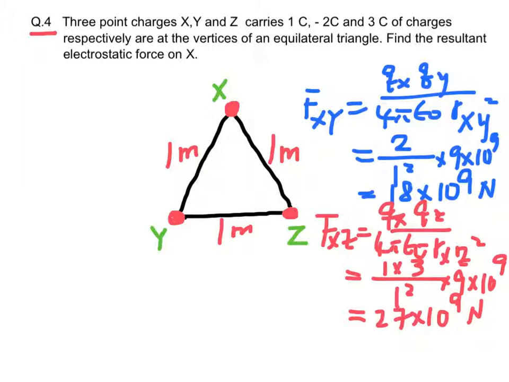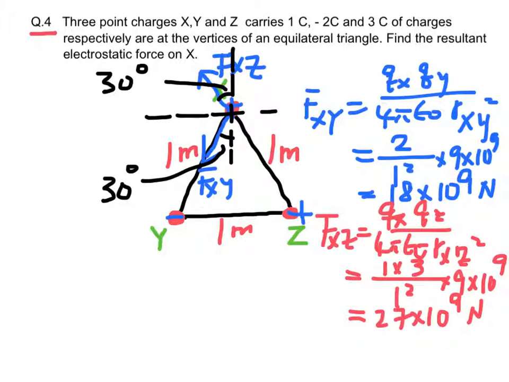Consider the sign of the charges on X, Y, and Z. We can draw the direction of the force acting on X due to Y and that of the force acting on X due to Z properly. By resolving the forces acting on X into horizontal and vertical components, we add the horizontal forces and the vertical forces.